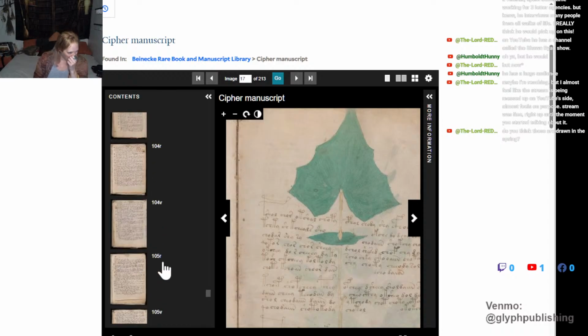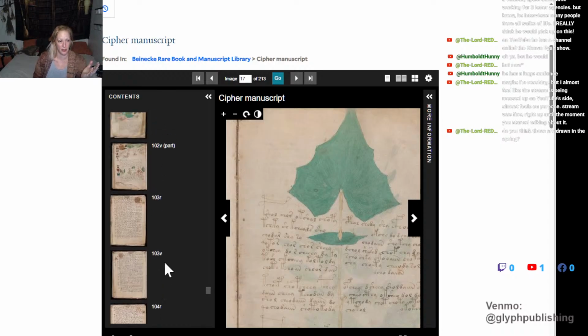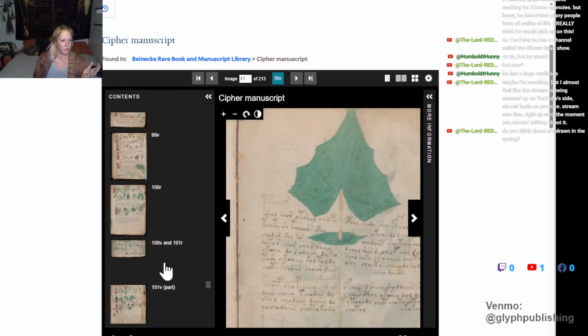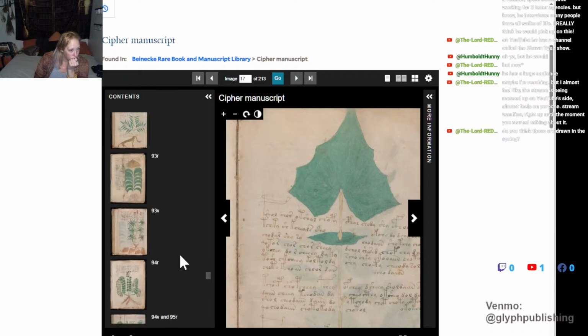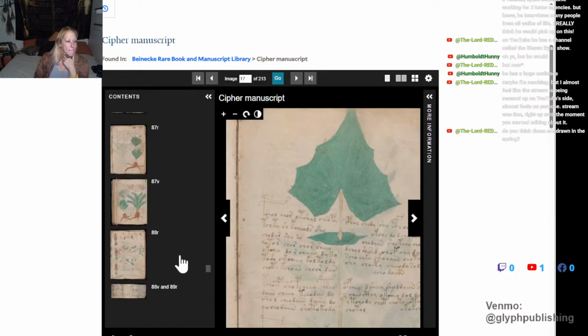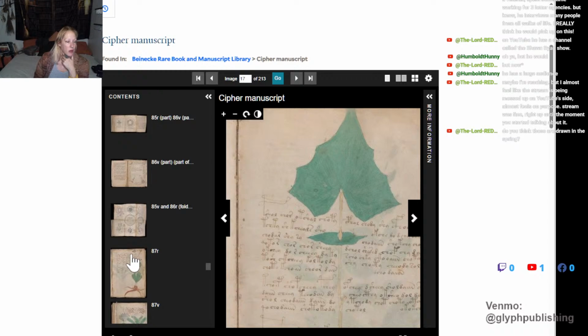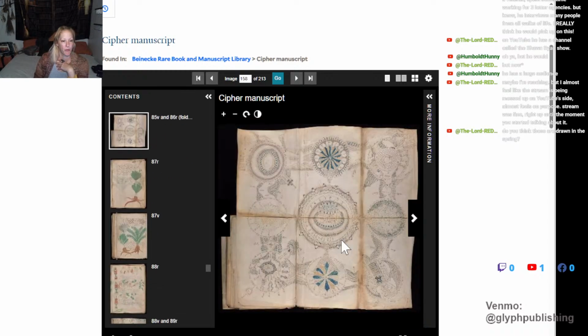Okay, that's the reference section for diseases. And so we have Folio 85V and 86R. This is Folio Astrologicorum, okay? The folio of the astrologicals.